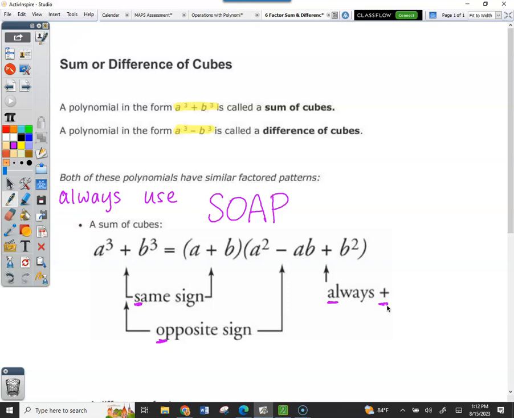To get the trinomial, you will notice that the outer elements are the square of the binomial, right? A squared, B squared. And notice the middle element is the 2 multiplied together. It's a lot, I know. So here we go. Cube root, binomial. Take that, square it. Take that, multiply it together. Signs are SOAP. Same, opposite, always positive.